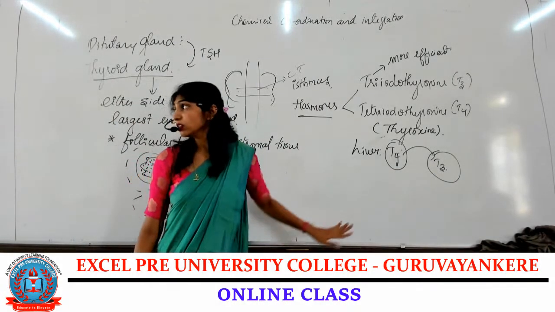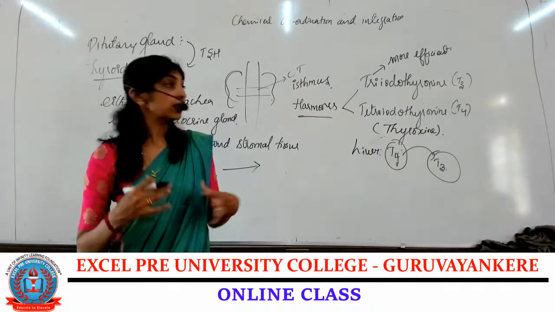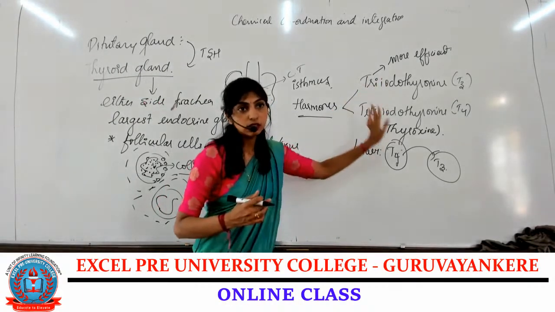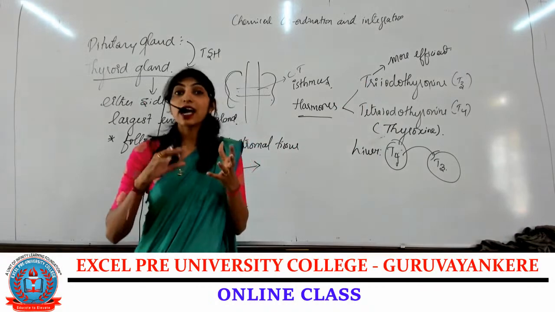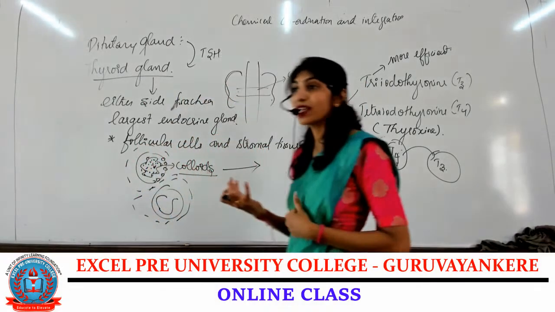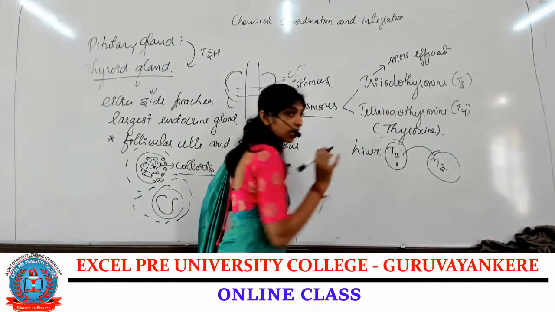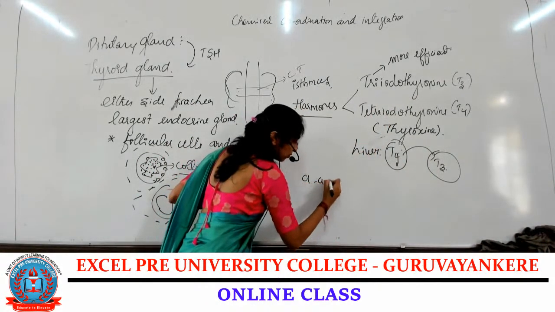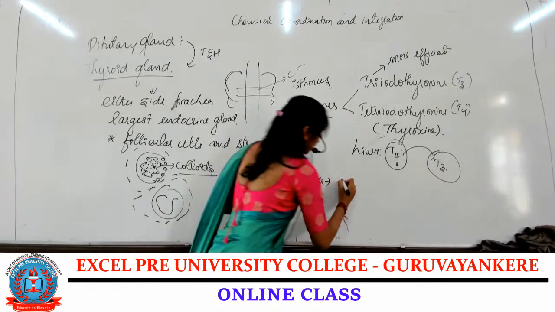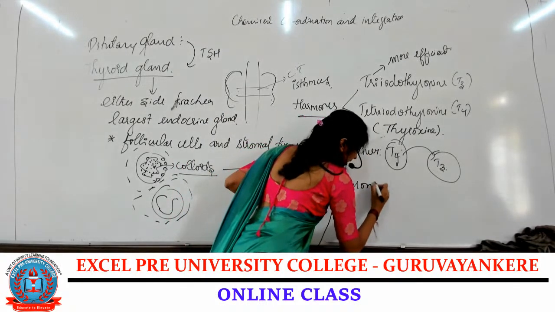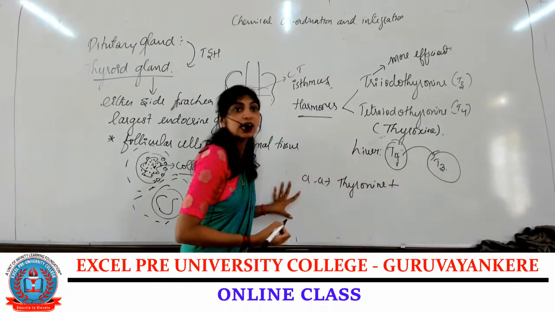Now coming to the secretion, what happens? Both the hormones are nothing but the iodinated form of the amino acid thyronine. In simple terms, these both hormones are amino acids. Which amino acid? Thyronine. Along with the thyronine, what does it have? Iodine.